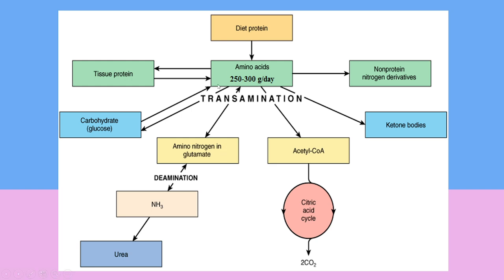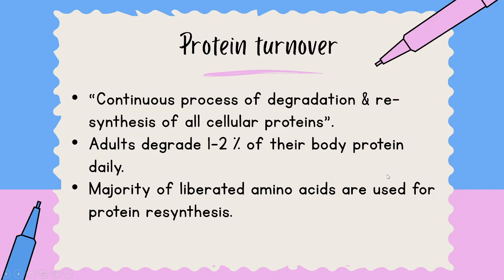And amino acid can be, particularly the ketogenic amino acid, can be converted to acetyl-CoA, which can enter citric acid cycle to be oxidized completely as energy source, or it can be used to form ketone bodies.